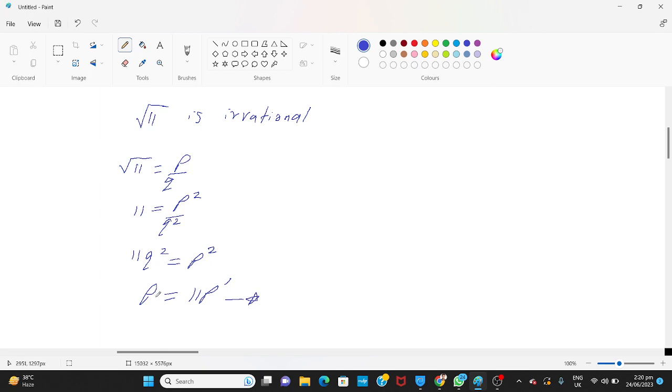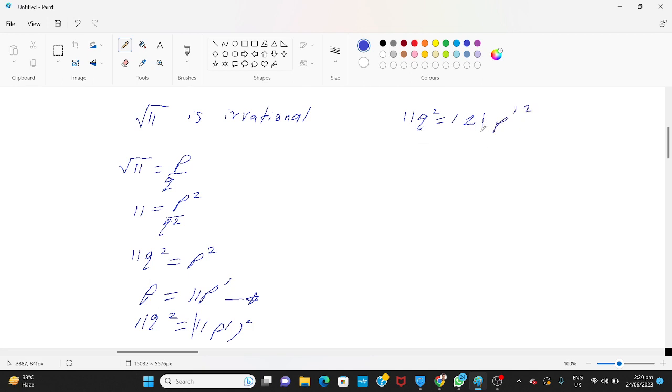If I put the value of p in here, then this equation will become 11q square equal to 11p prime whole square. 11q square is equal to 11 square, which will become 121, and p prime square.